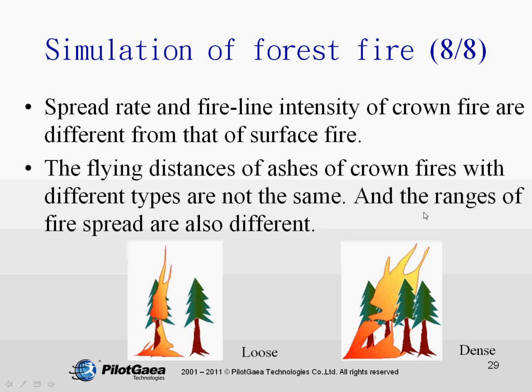The flying distance of ashes of crown fire with different types are not the same, and the ranges of fire spread are also different, as shown like the two figures here and here. When the arrangement of trees is denser, the final intensity will become fiercer and the spread rate will become faster.